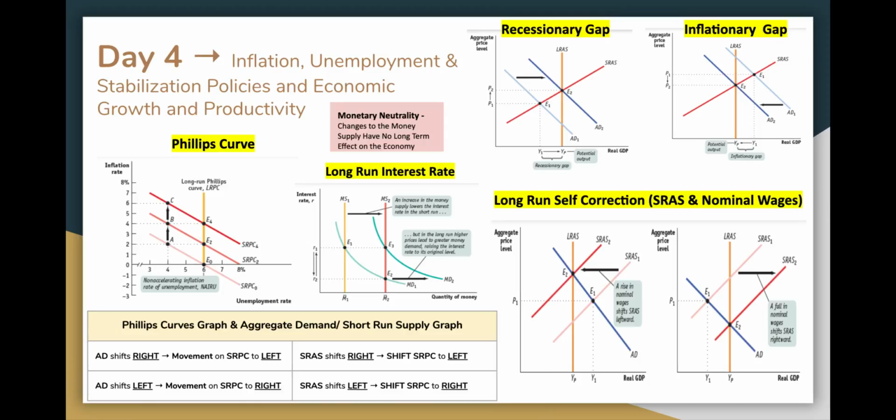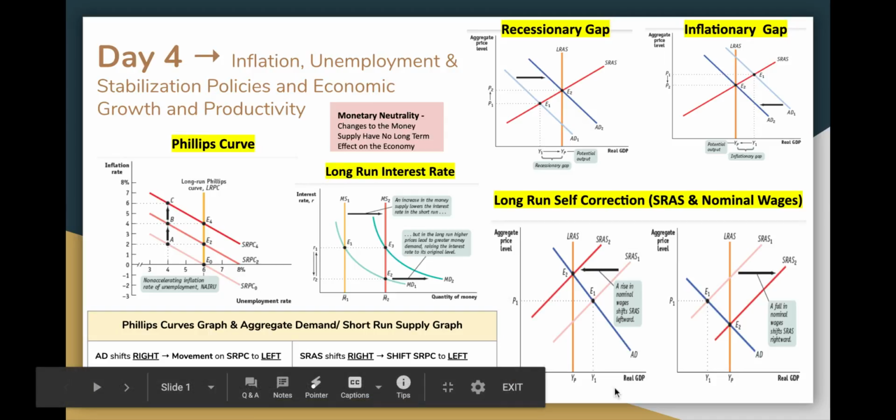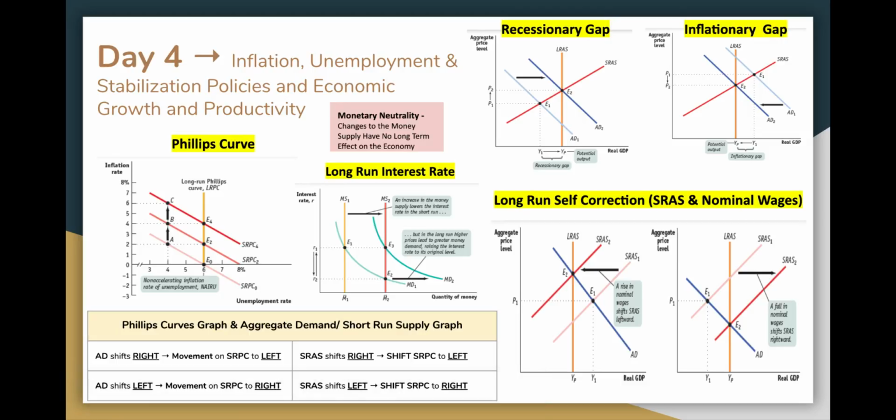Okay? So the idea is that if you're in an inflationary gap, which is what you see in this graph right here, and things are getting more expensive, the prices of things are going up, then workers are going to say, it costs more for me to get milk.